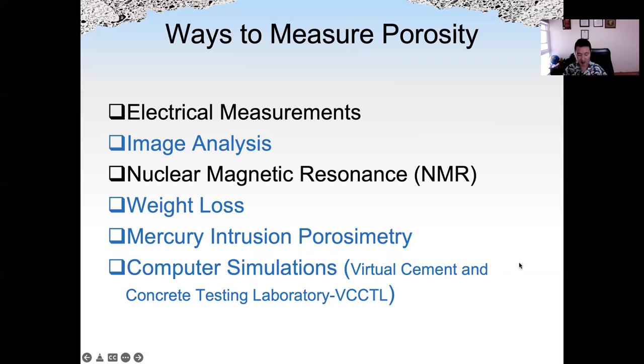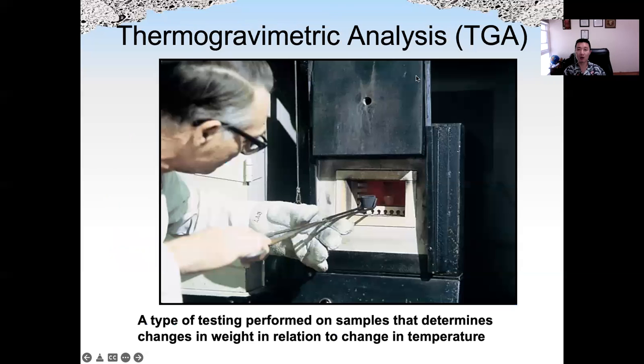Okay. So let's just quickly go over the different types of methods. The first one is based on weight loss, or TGA, also called thermogravimetric analysis. For this type of method, we put the sample in the oven, and we gradually increase the temperature of the sample. At a certain temperature, a certain phase will decompose.